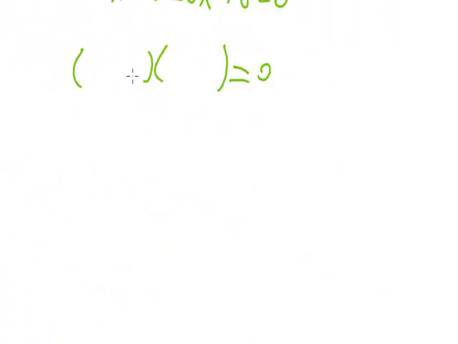So using that pattern, we can see, hey, this is positive and this is positive, so both these have to be positive. There's no two numbers that we can multiply together to give us a positive 8 that you can add together to give us a negative number. So both these have to be positive. So that helps a lot.